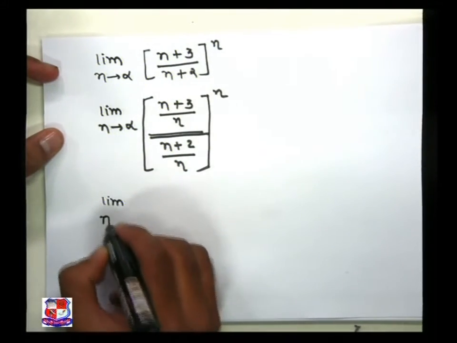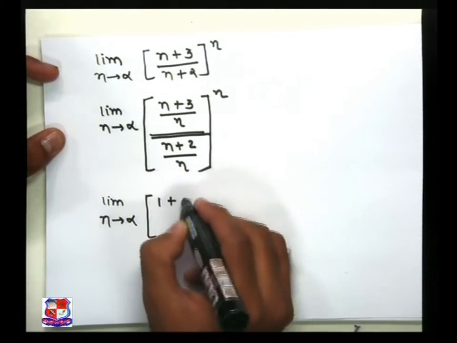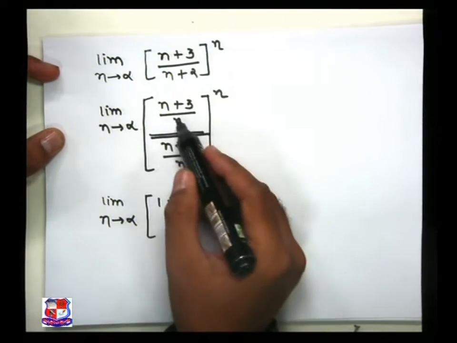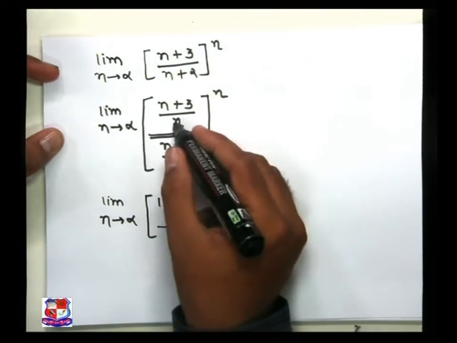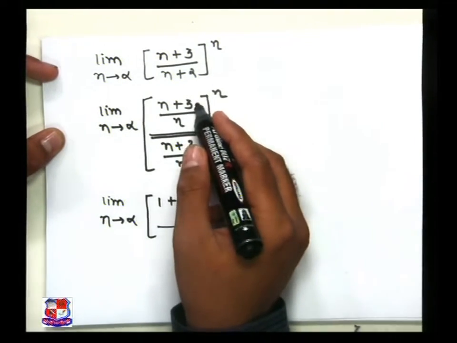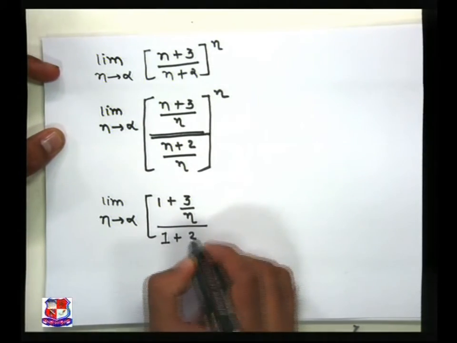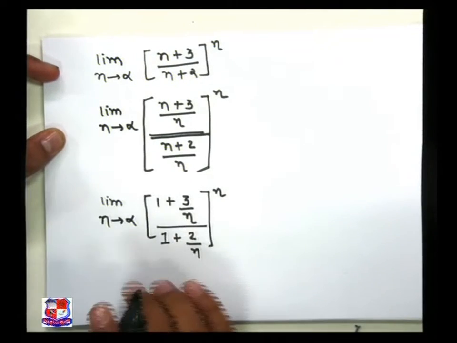So we write it, limit n tends to infinity, 1 plus 3 divided by n, because n divided by n is 1, and the 3 goes to the side, called 3 divided by n. In this way the denominator is 1 plus 2 by n, raised to n.